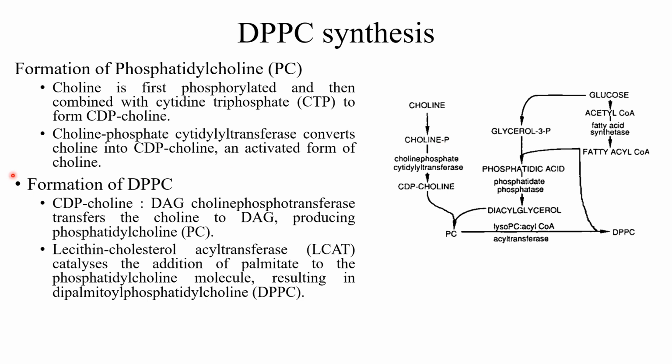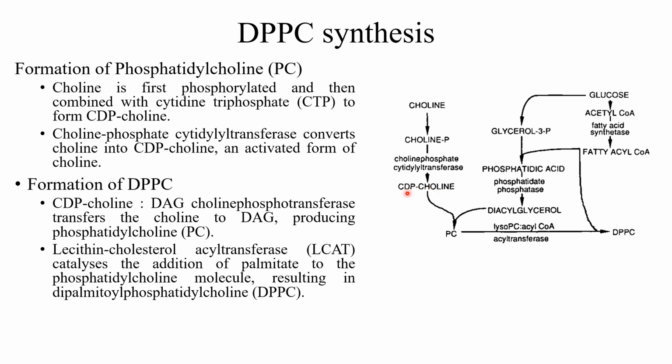And then the enzyme choline phosphate cytidylyltransferase adds this choline phosphate to cytidine triphosphate to form our CDP-choline. So this is a two-step reaction. First, phosphorylation of choline, and then conjugating it to CDP to form CDP-choline.